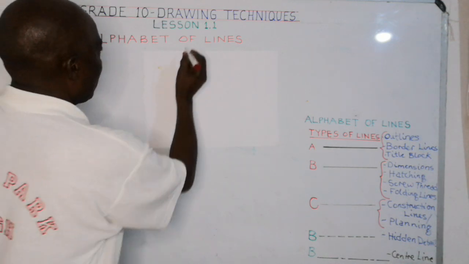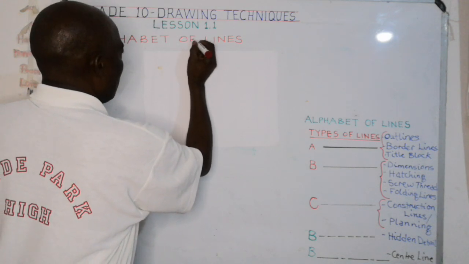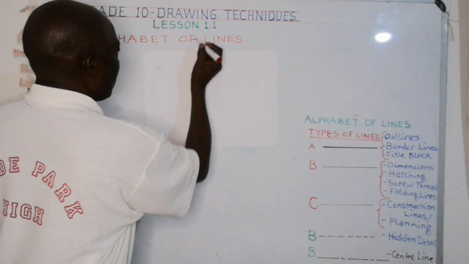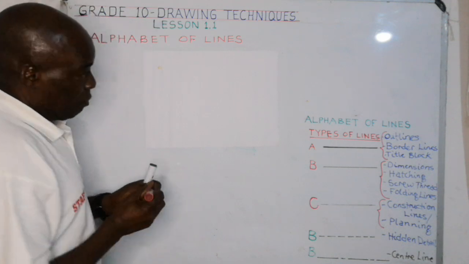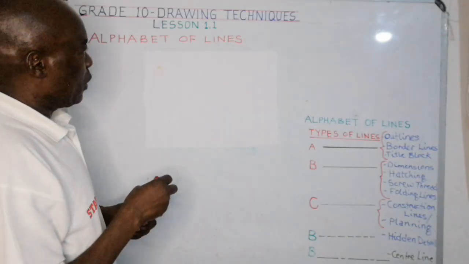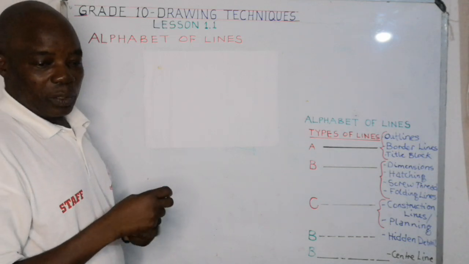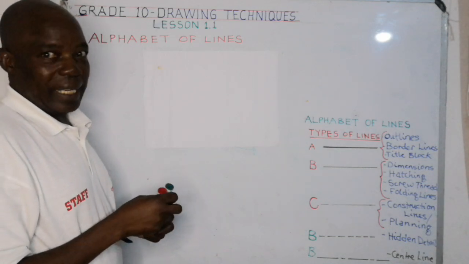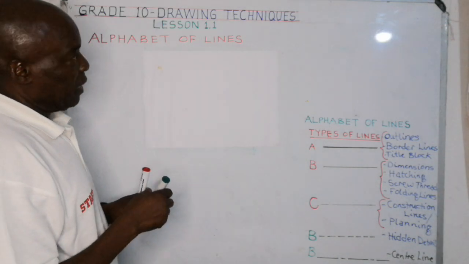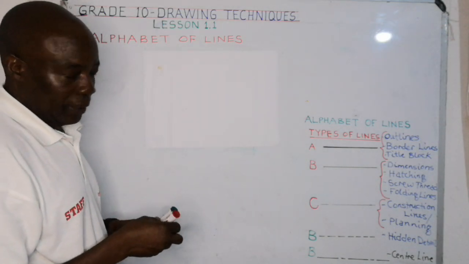And each type of line depicts a certain function or has a certain meaning in a drawing. For example, when you are outlining, we use HB pencil, which is soft and dark. That's what is used for outlines.